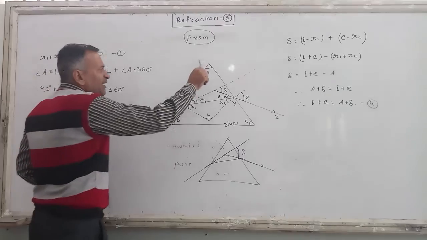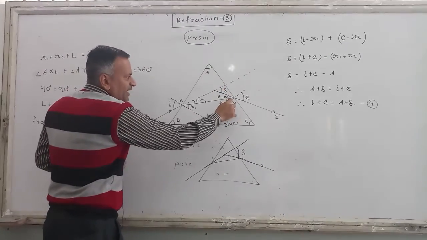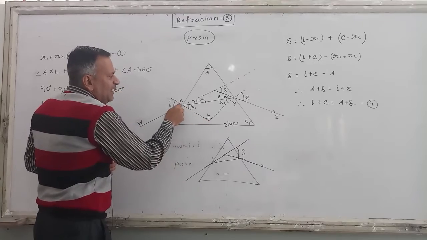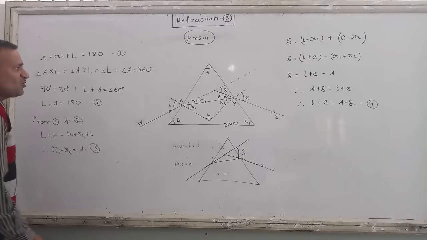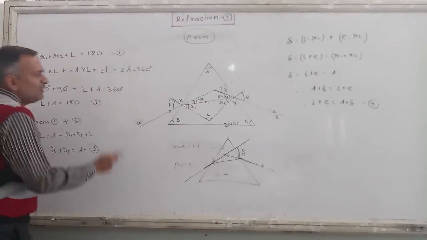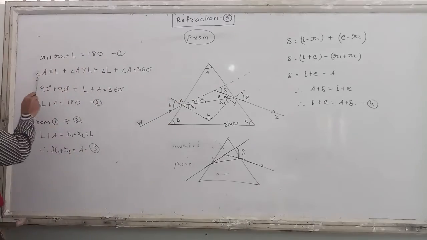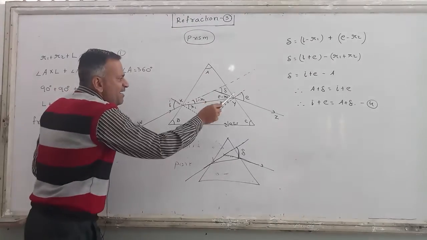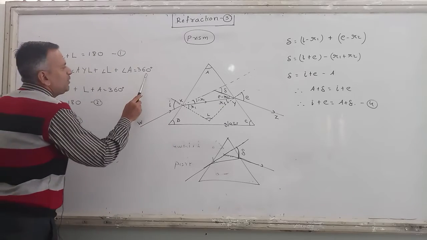Now see this quadrilateral, this angle, this angle, this angle and this angle. Sum of all four angles is 360. So angle A plus angle L plus angle AXL plus angle AYL, they all make equal to 360.